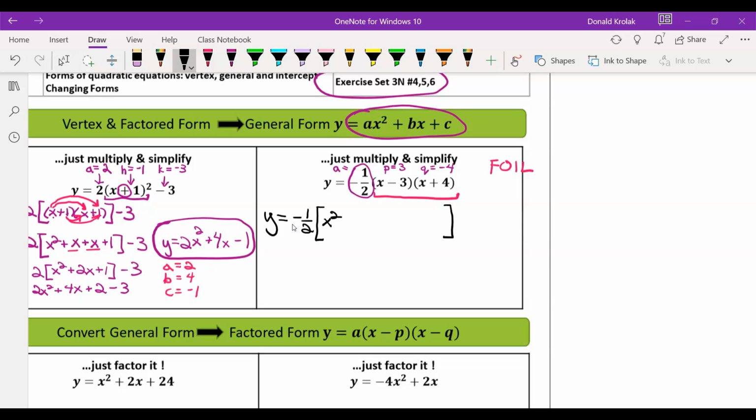Okay. Done. Outer terms. Correct. Inner terms. Correct. And last terms. Yep. There you go. FOIL.